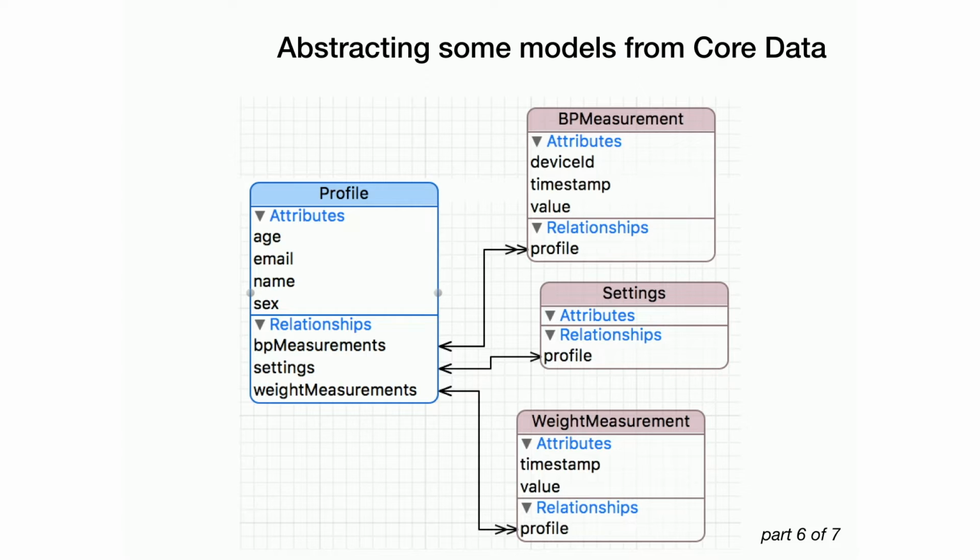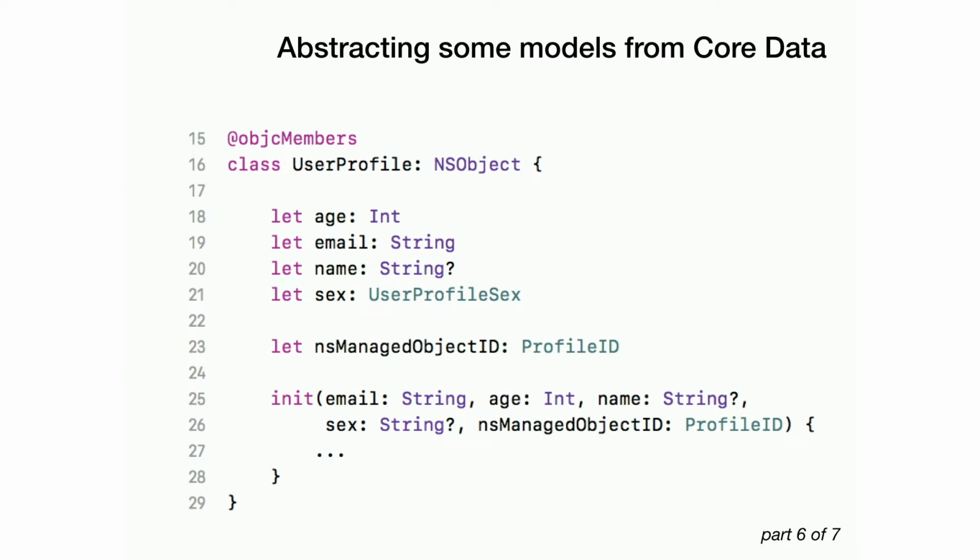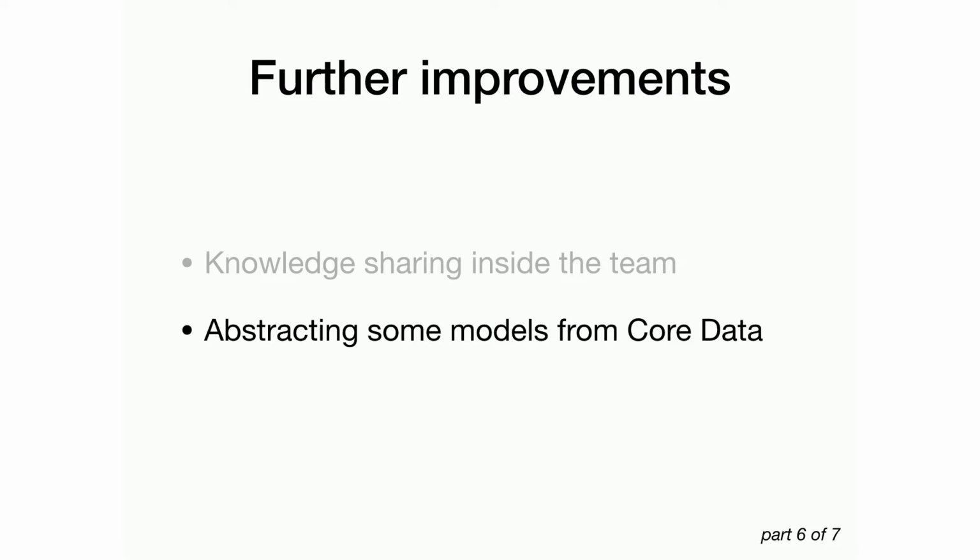So we picked this one and created the plain structure and mapped all the profile data to the structure, and then passed the structure further, as I described before. I'm not saying that it's a good idea for all the Core Data models. Of course not. For most of them, it's better to leave them as they are.